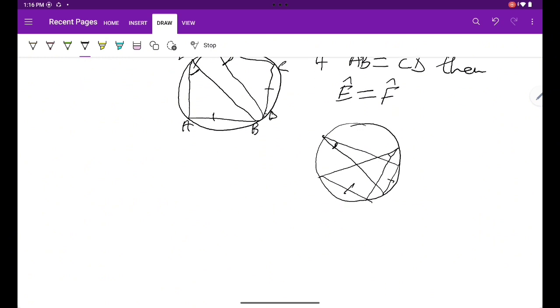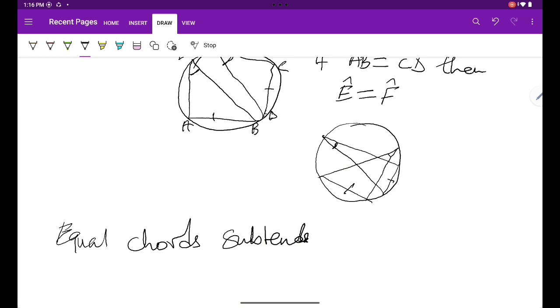Now, likewise, equal chords subtend equal angles at the center.